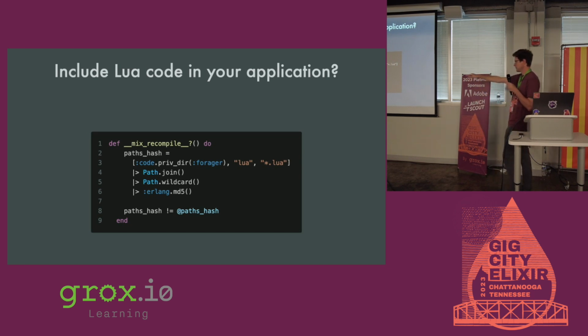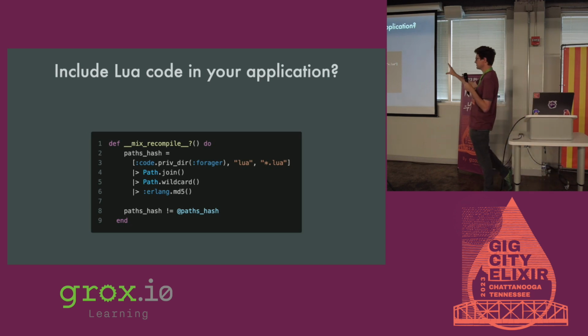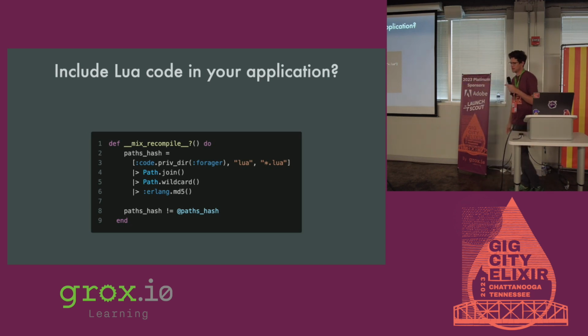Then on a recompile, it compares the hashes to see if things have changed, and if they have, it'll recompile these in so I can have script access to all of the strings that make up the files. It's a really handy way to have actual source code that's embedded.